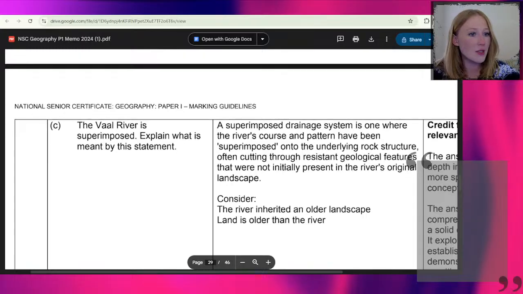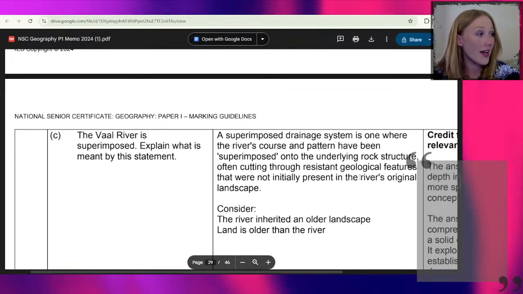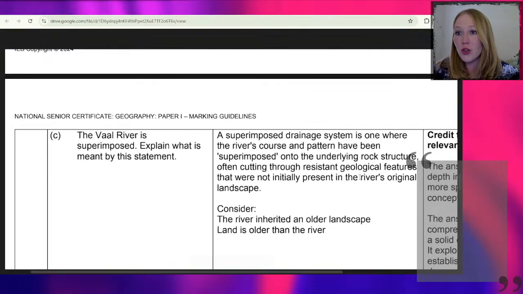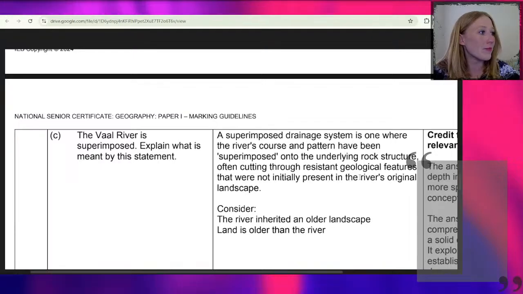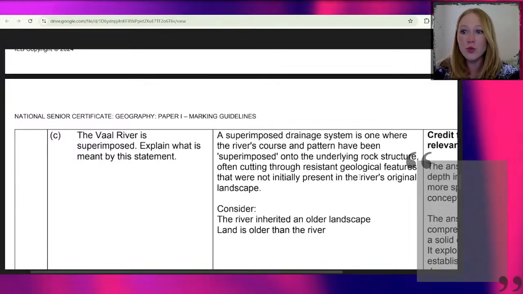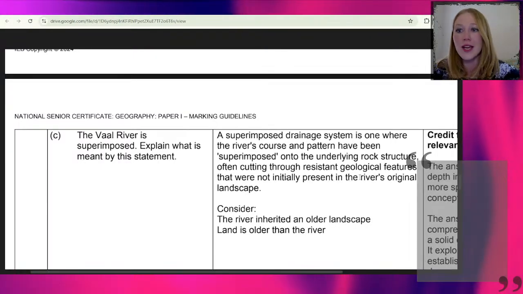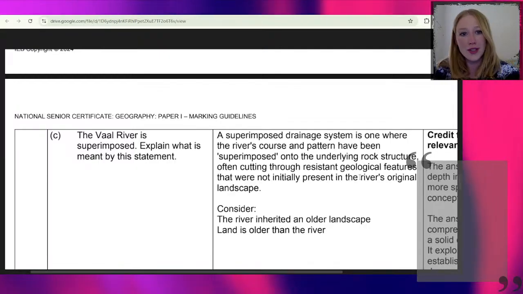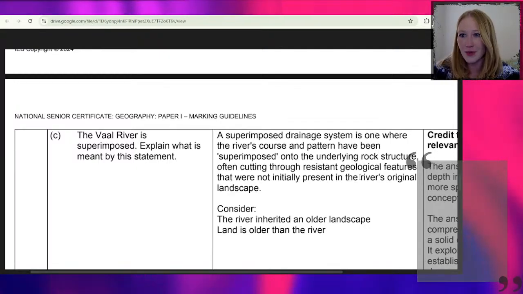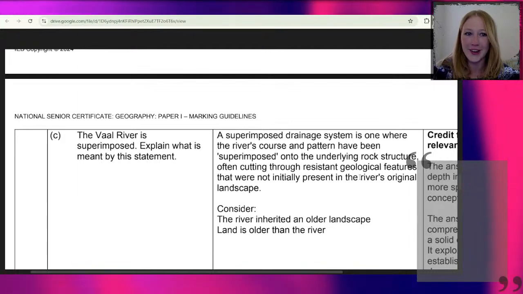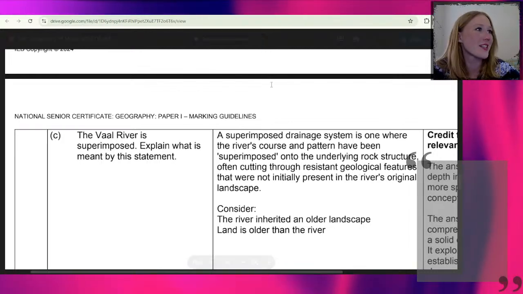Okay, so what that is basically saying is that we had a geological landscape, but the new river formed over it and eroded through that landscape. Does this make sense? Okay, I hope so. I hope this is helping you guys.